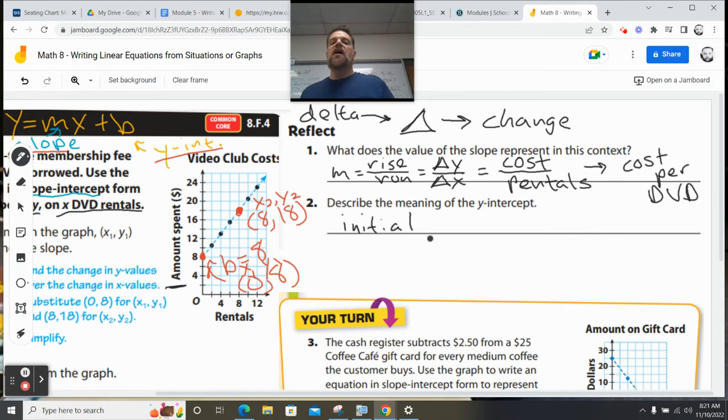B is always the initial whatever, and in this particular case, it is the membership fee. If you do not rent a DVD at all, 0 DVDs, you still have to pay $8.